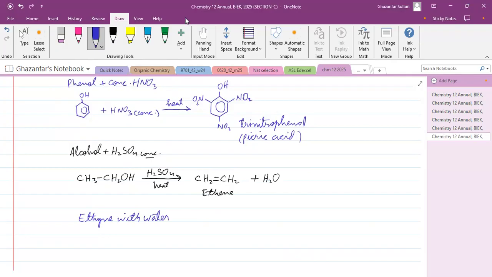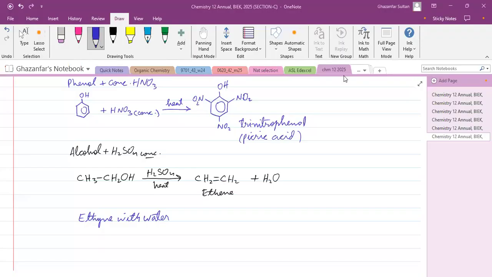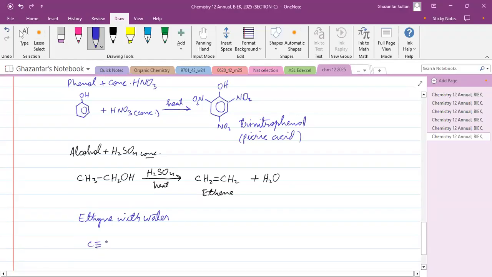So what are these specific conditions? First we will write ethyne, and we will write the specific conditions over the arrow. So see what are the specific conditions.